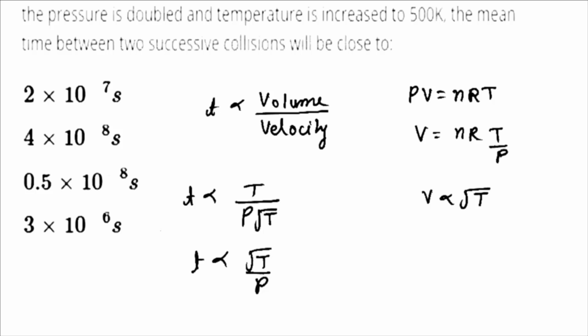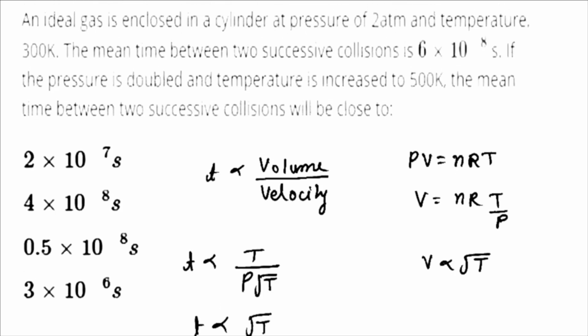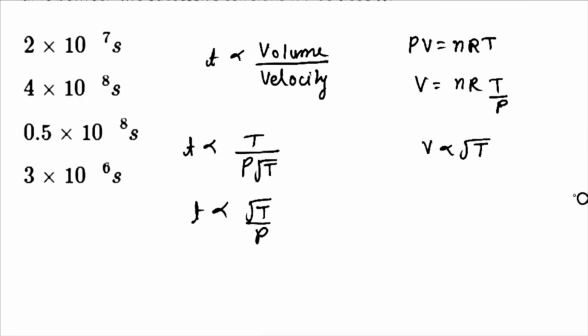Okay, so here in the question it is said that the temperature is increased to 500 and the pressure is doubled, right? So if I talk about the T dash by T, so that will be equal to under root of T dash by T, times P by change in pressure.